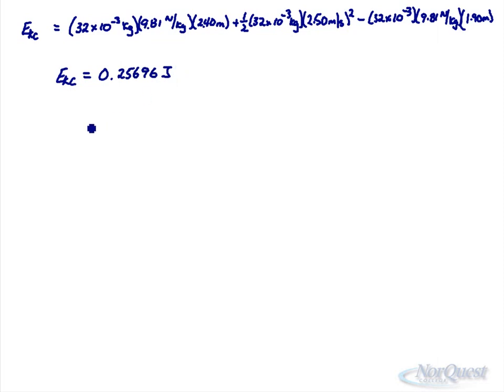Once we know that, we also know that the kinetic energy at C is going to be equal to 1/2 mv at C squared.